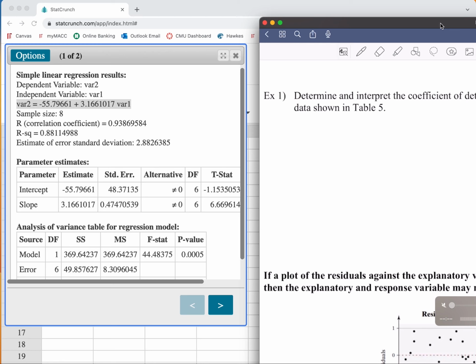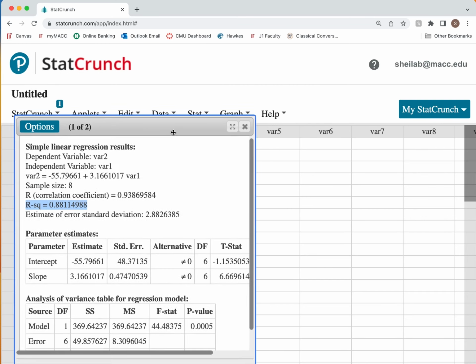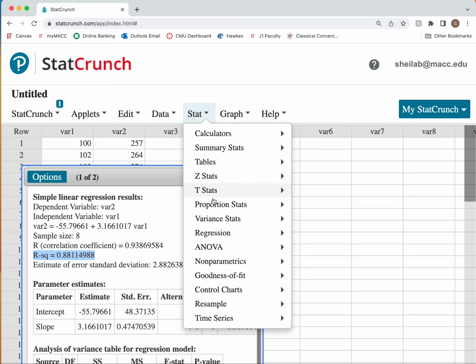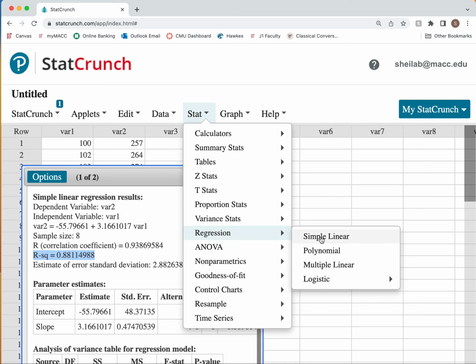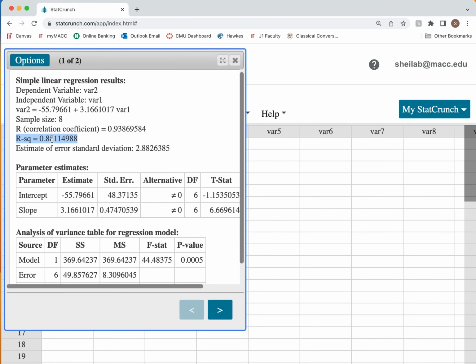And I just left it up here from that last thing that we did because it's in the exact same place, right? So if you were to go to stat, regression, simple linear, we're doing literally the exact same thing. It pulls up this. And there's my R squared.